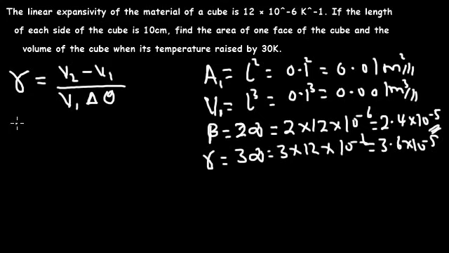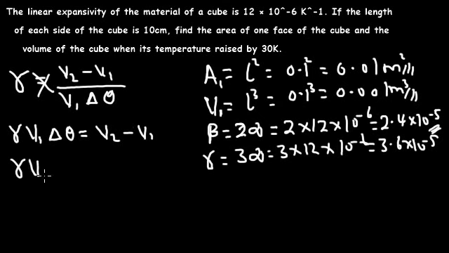So now if we want to solve for V2 by cross multiplying, just like before, we have gamma multiplied by V1, multiplied by the change in temperature, equals V2 minus V1. And at the end of the day, gamma multiplied by V1, change in temperature, plus V1 equals V2. So finally, V2 will simply be equal.